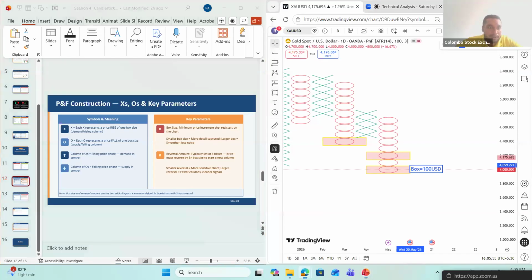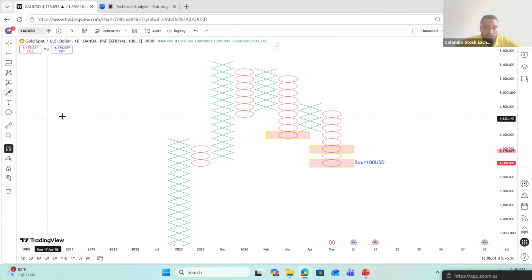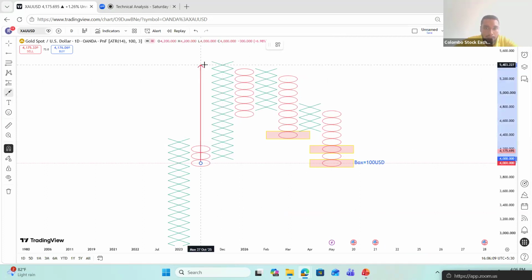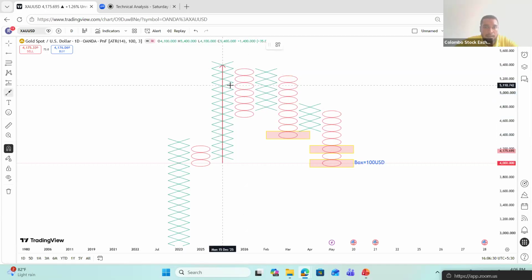I'll also explain briefly how this chart is drawn, though this is not that important. In this case, the price was going up. But when the price reverses the current trend, the move is marked only when there's a 3-box move to the downside.